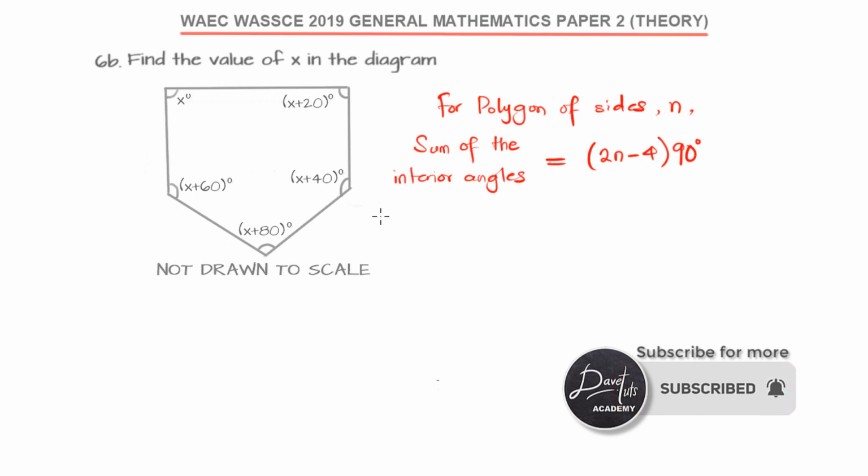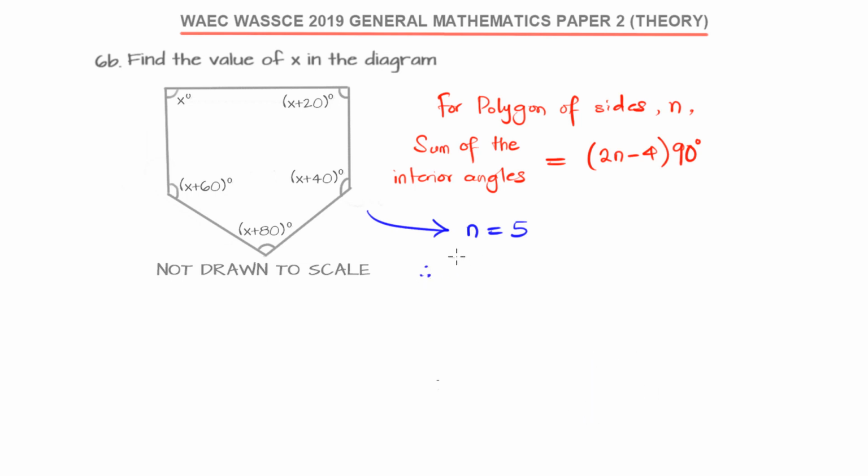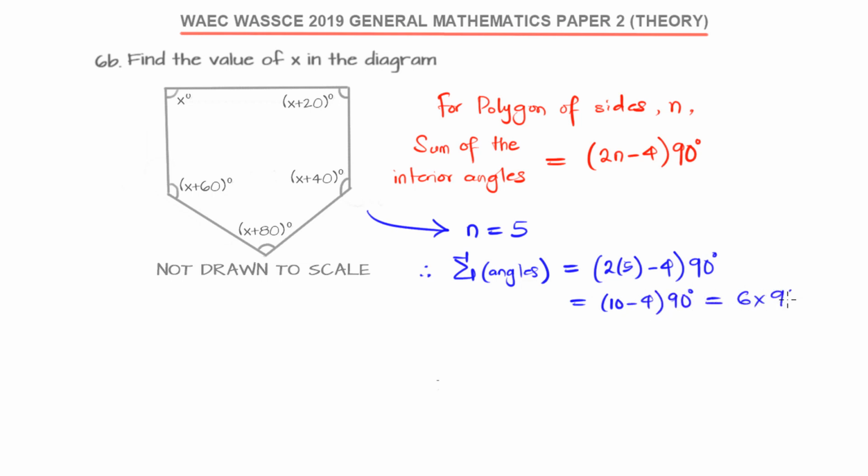Now, for this particular polygon, we are seeing that we have 5 sides, so n is 5, and then the sum of the interior angles of the polygon will be 2 multiplied by 5, minus 4, all multiplied by 90 degrees. 2 times 5 is 10, so we have 10 minus 4 multiplied by 90 degrees, and that will be 6 times 90 degrees. 6 times 90 is 540 degrees.